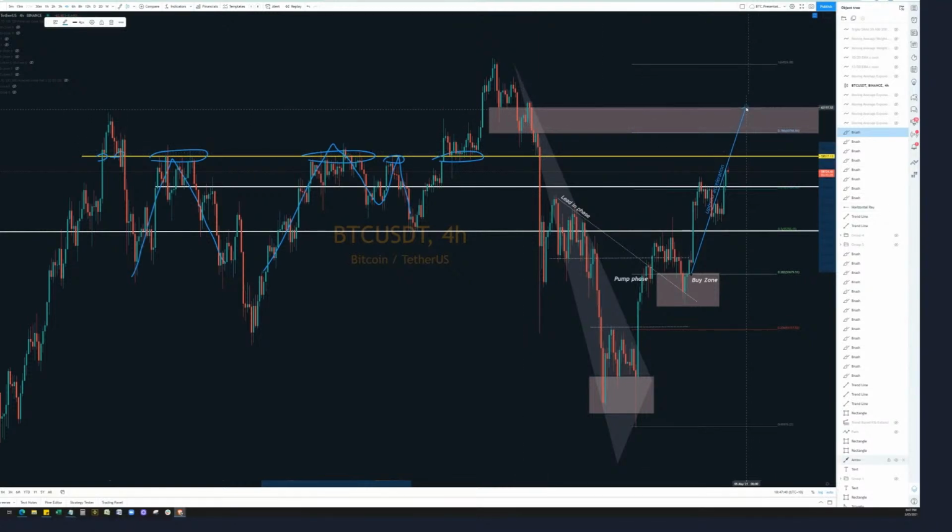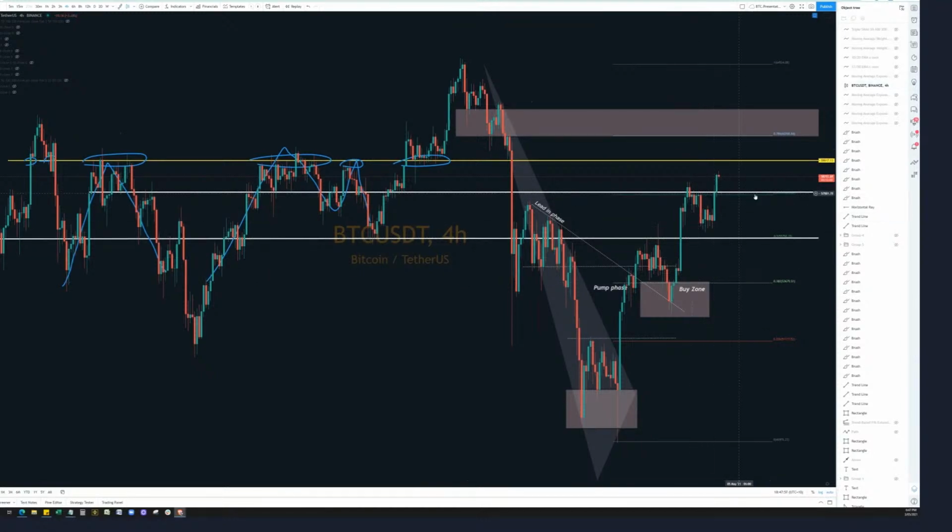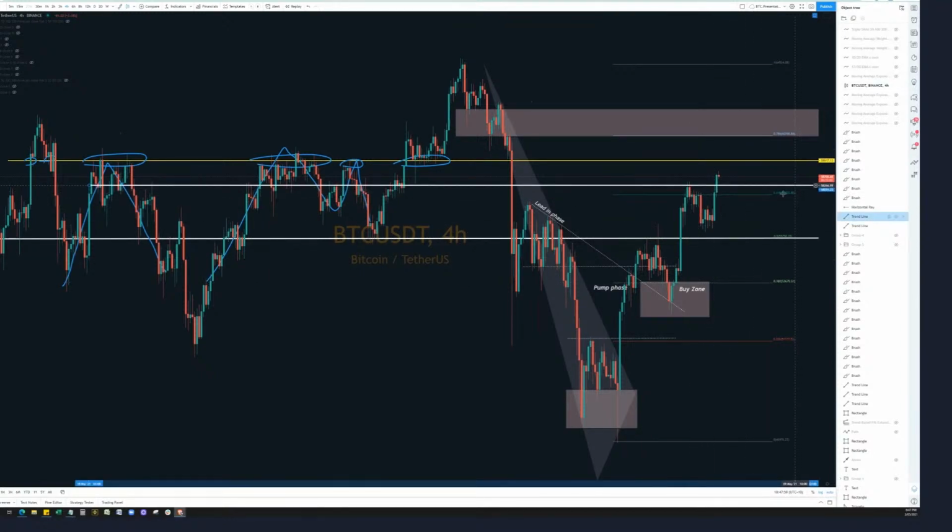So we haven't reached there yet, and we'd probably like to reach there, and it's my gut feeling that we will get a significant pullback. So, well, what's significant? We'll get a response. So here we had a response, and it pulled back, not too much, but it did pull back.